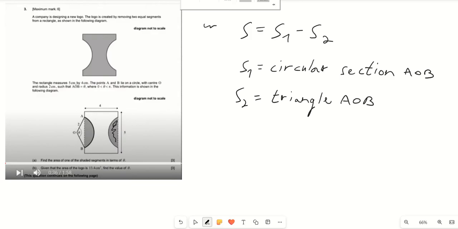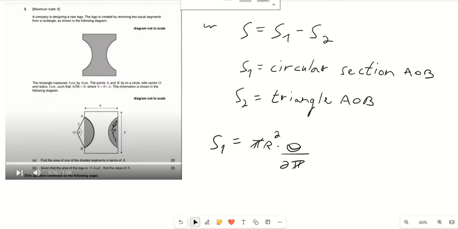Okay, so for S1, in order to calculate the circular section, we have a formula. It's pi r squared times theta over 2 pi. So we can immediately strike down those 2 pi's.